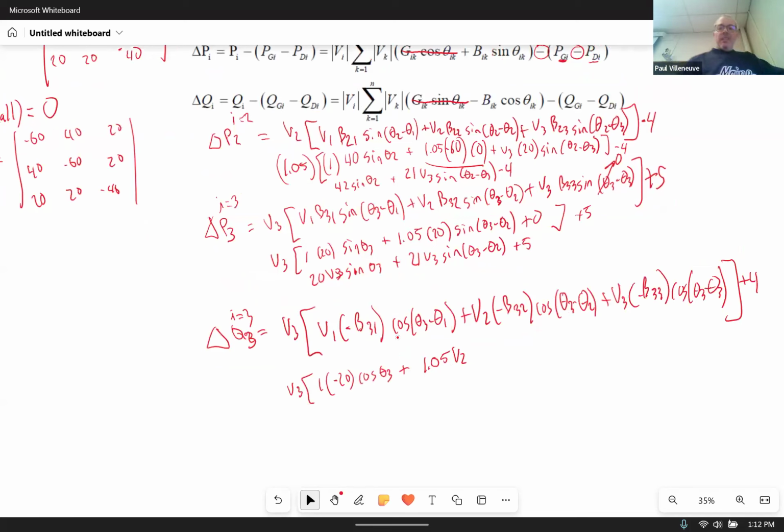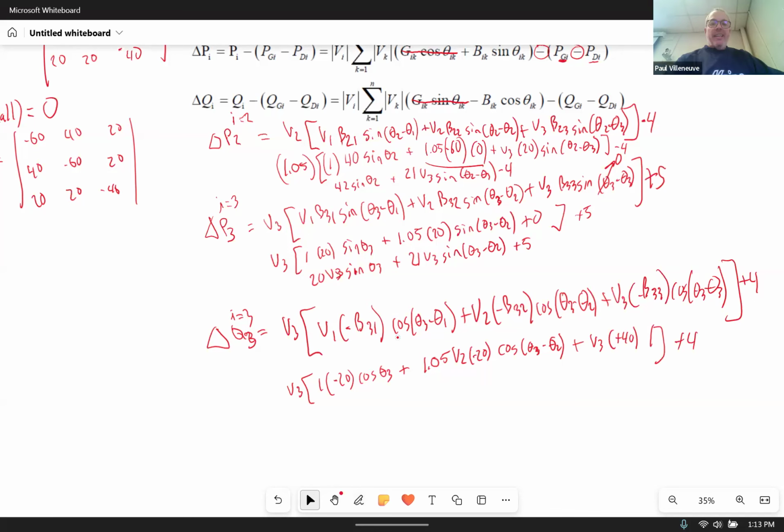Times V2 times negative B3, 2, minus 20 cosine theta 3 minus theta 2. And lastly, I have V3 times negative B3, 3, which is a positive 40, times the cosine of 0 is 1. And that goes to be plus 4.